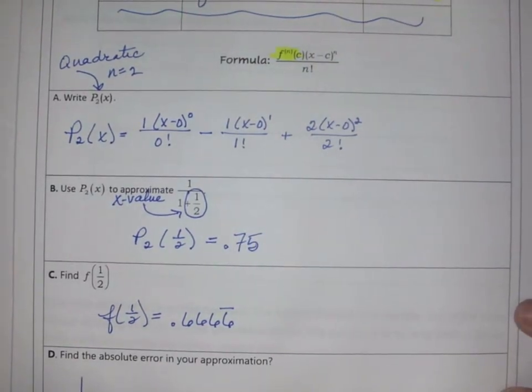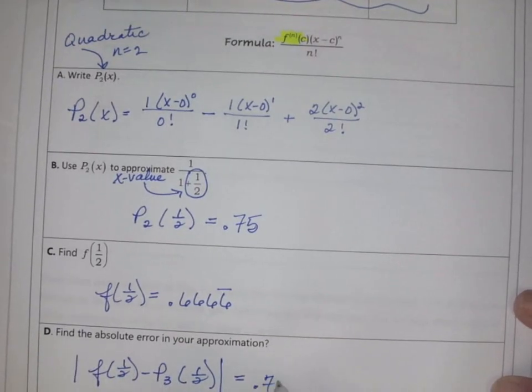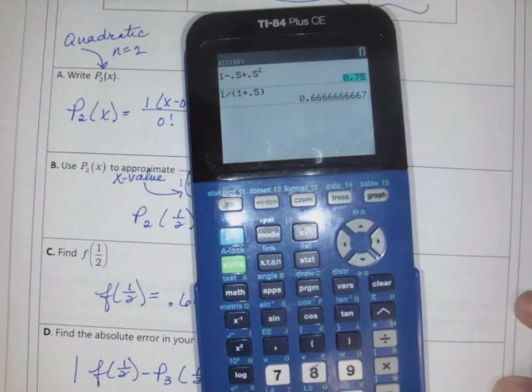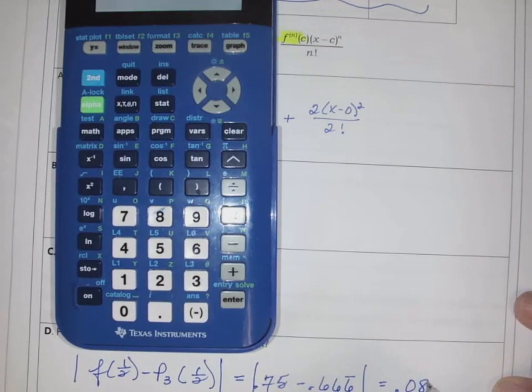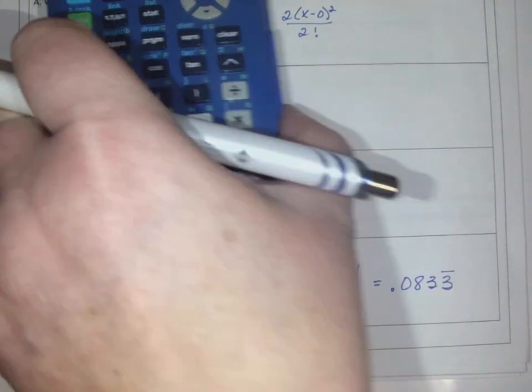So that would be the absolute value of f of 1/2 minus P2 of 1/2, which would be 0.75 minus 0.666 repeating. So let's take this guy minus this guy, and it's 0.0833. Okay. Let me put that on the screen so you can see it. All right, so that's what we're looking at.